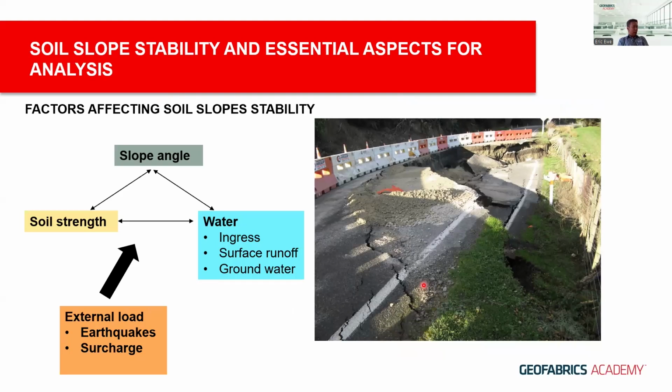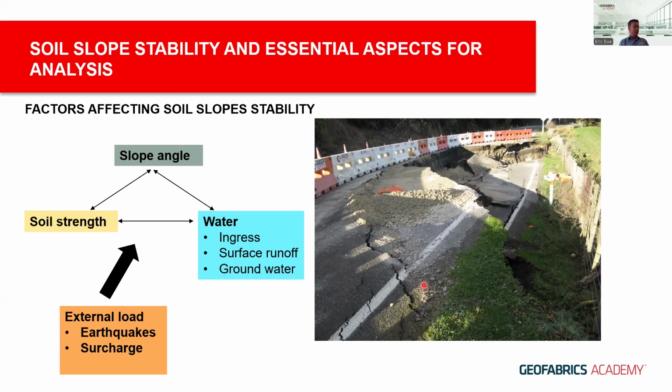Okay. Coming to soil slope stability and essential aspects for analysis, these are the main factors for the stability of a slope. It comes down to the angle of the slope. Obviously, the steeper the slope, the less stable it is. The ingress of water into the slope saturates the soil, creates pore water pressure, and creates instability, obviously, in the process.